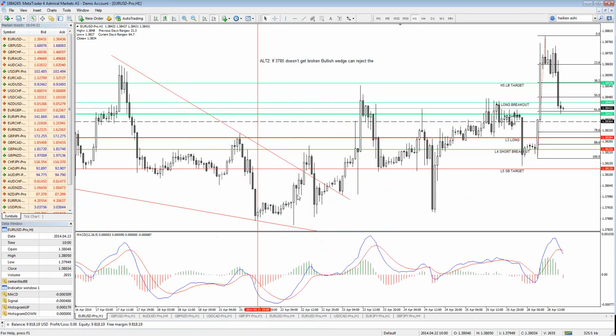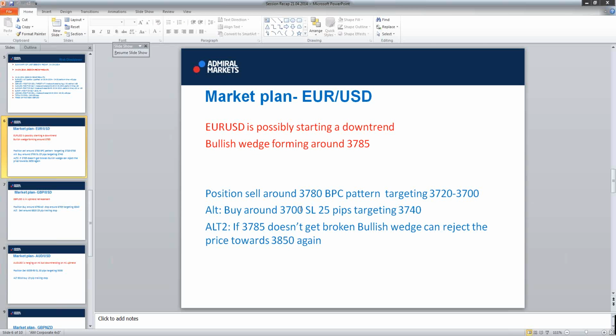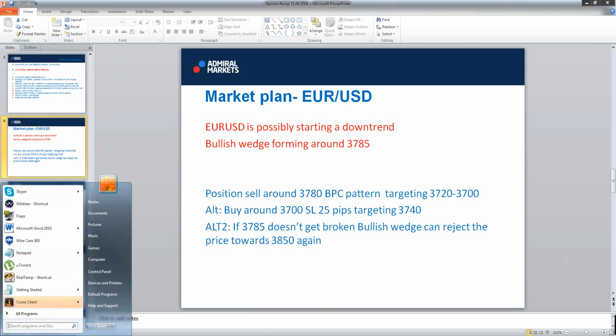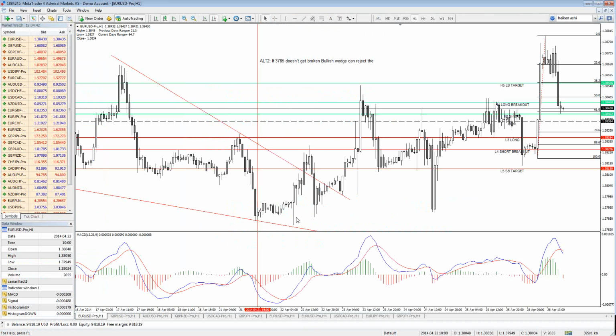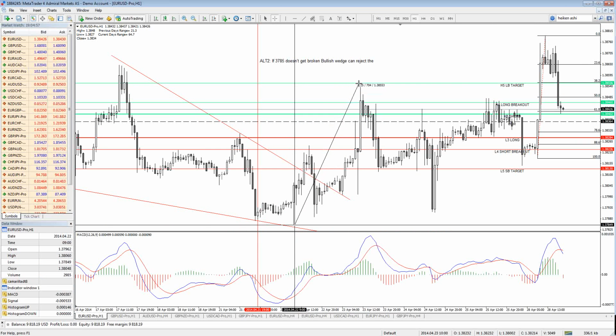But still, that 37.85 wedge, as I was citing in my PPT, can reject the price, and it did reject the price towards 38.50. Look at this, almost to the pip, 38.54. Basically, this rejection propelled the price up 70 pips.